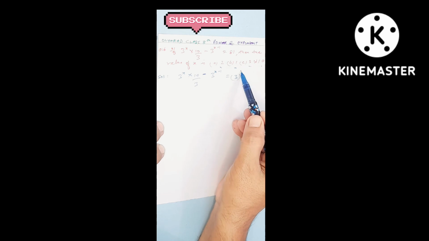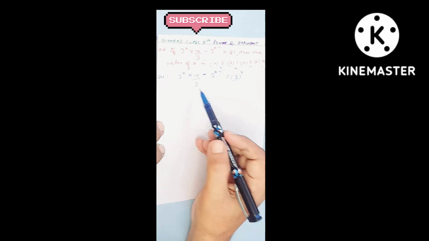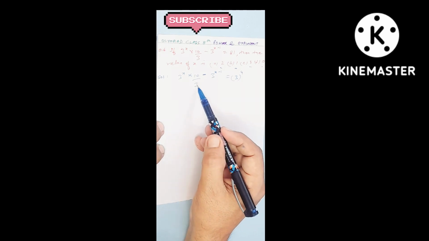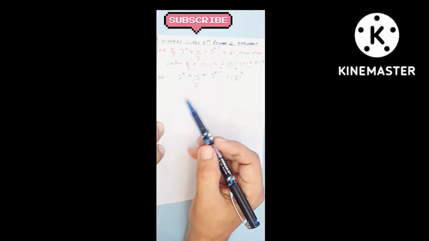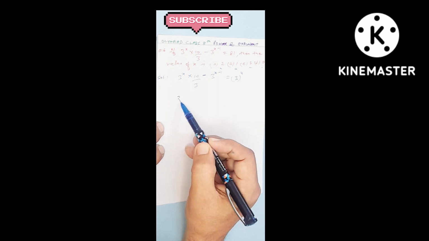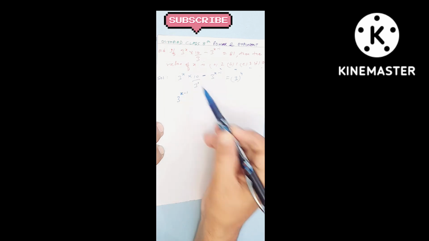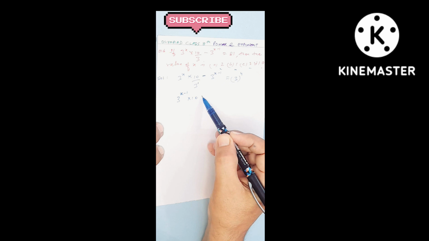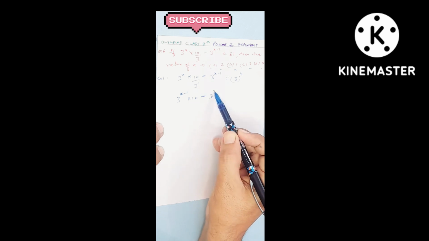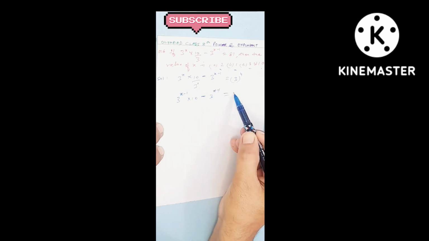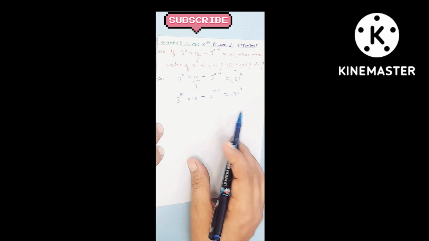I can write it as 3 raised to the power 4. Now because this 3 is at the denominator side, let me take it up on the numerator side. So this will become 3 raised to the power x minus 1, because its power is 1, into 10 minus 3 raised to the power x minus 1 equals 3 raised to the power 4.